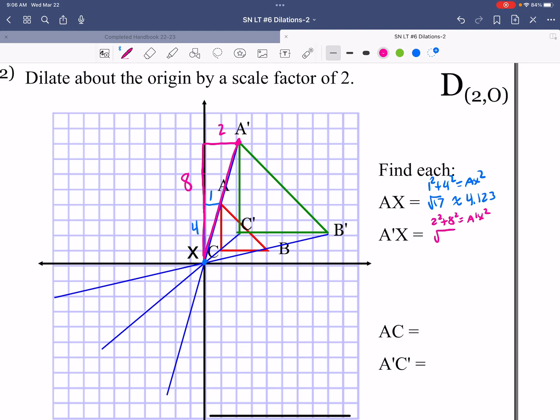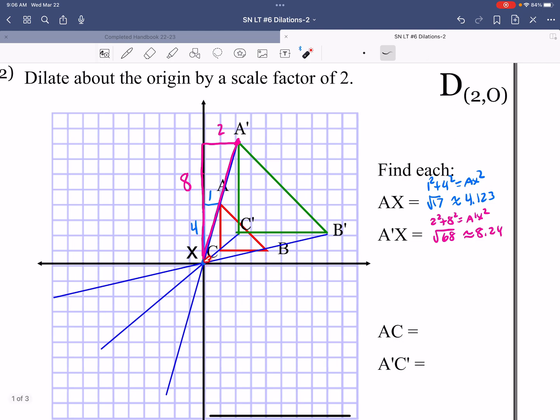We get square root of 68, which is approximately 8.24. Now, what are you noticing about 4.123 and 8.24? It appears to be twice as much, which makes sense because we have a scale factor of 2. That means that the distance from X to A, twice that distance is X to A prime. The same would be true for X to C prime, X to B prime.